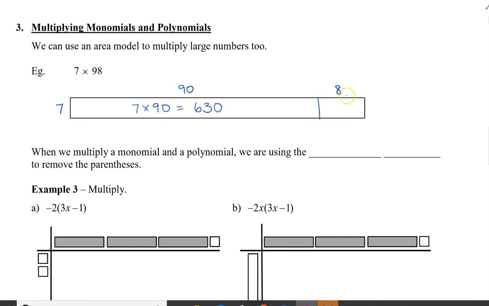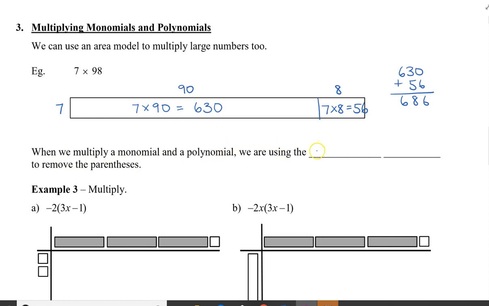And then the smaller rectangle, we have 7 times 8, which equals 56. So 630 represents the area of the first long one, 56 is a little piece. So to find the area of the entire rectangle, we add the two pieces together, and then we get 686.